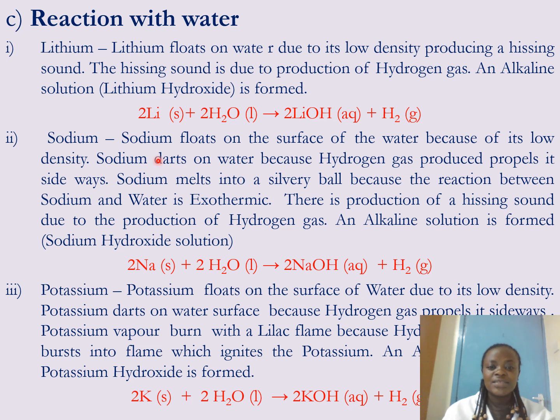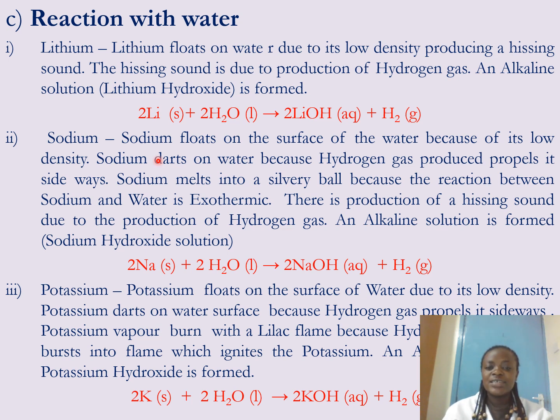Then sodium melts into a silvery ball. This is because the reaction between sodium and water is exothermic, meaning that it is releasing energy. This is what makes sodium form a silvery ball as the reaction takes place.